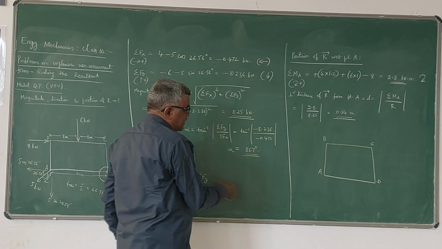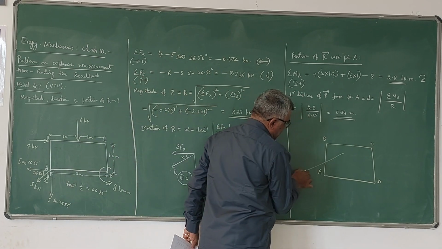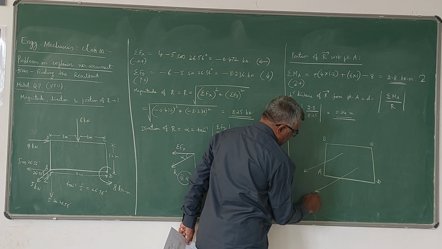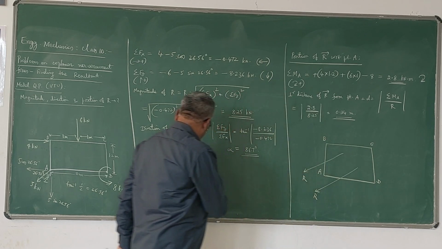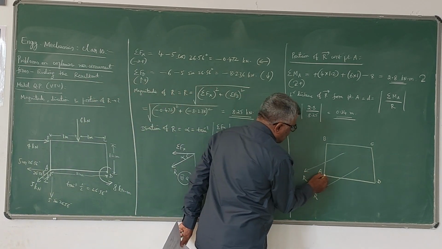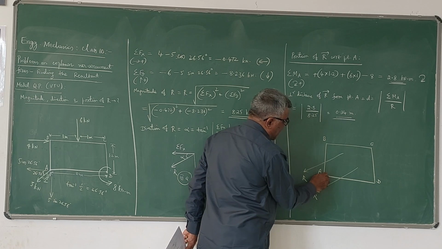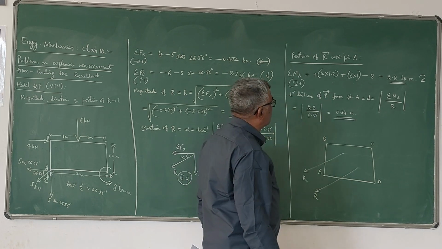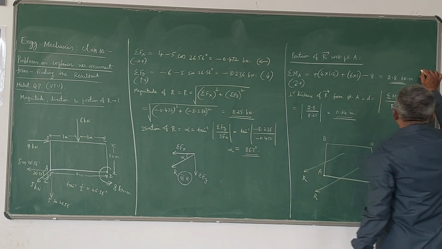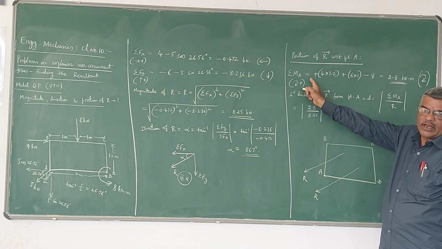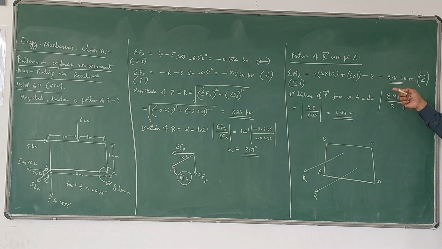So direction is like this. Now this is fixed, third quadrant. See here, I have shown here. But with respect to position, whether it lies above the point A or below the point A, for that you please check the nature of the moment MA due to that R.